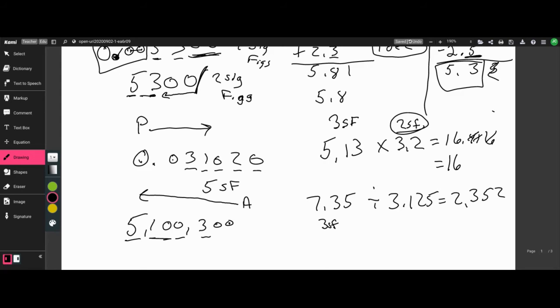The 3.125 has 4 significant figures, and our calculator answer has 4 significant figures. Our final answer can only have 3, so I have to drop the 2, and I end up with 2.35 as our final answer. So that's how you do multiplication and division.